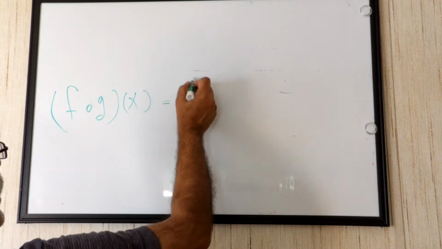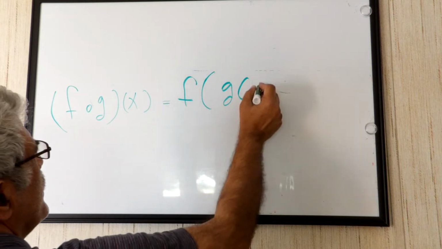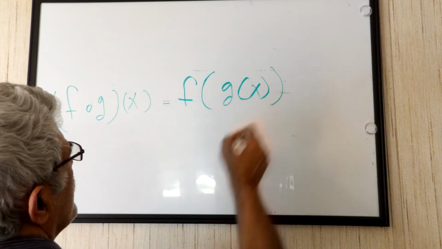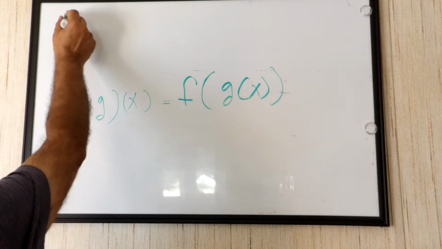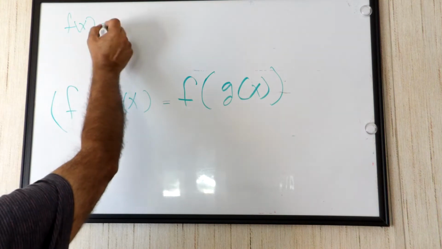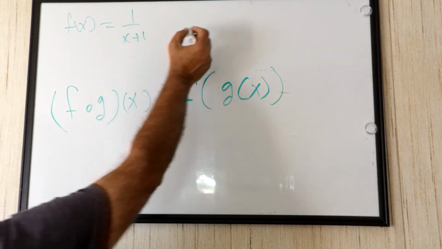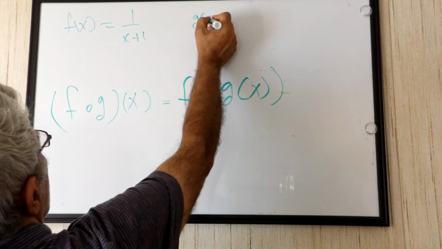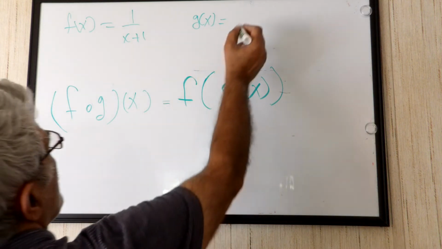It means f of g of x. If you have f of x equal to 1 over x plus 1 and g of x equal to x minus 2.